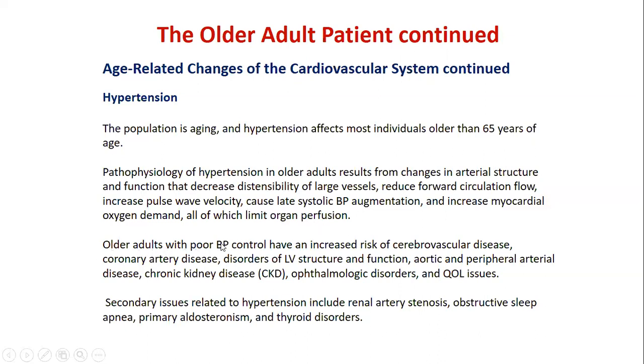Older adults with poor blood pressure control have increased risks of diseases like coronary artery disease, disorders of left ventricular structure and function, aortic and peripheral arterial disease, chronic kidney disease, and ophthalmologic disorders. In America, if you take 100 patients who have high blood pressure, 50% do not take the medication.